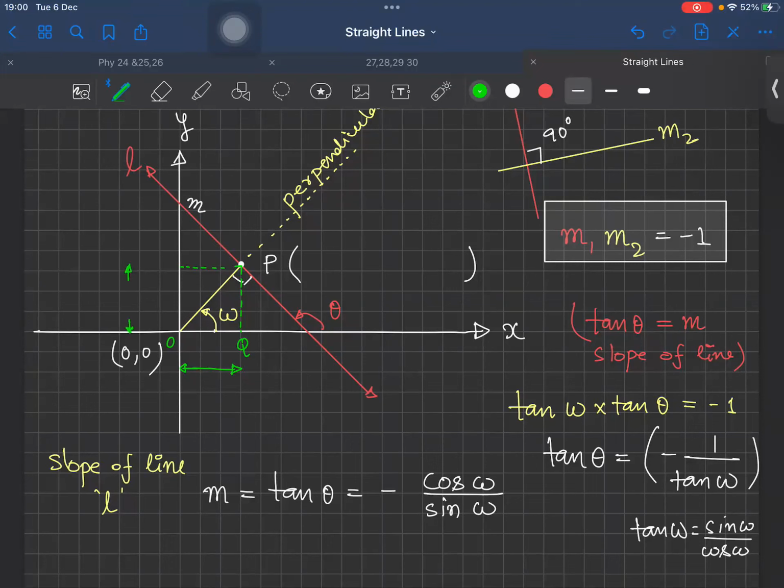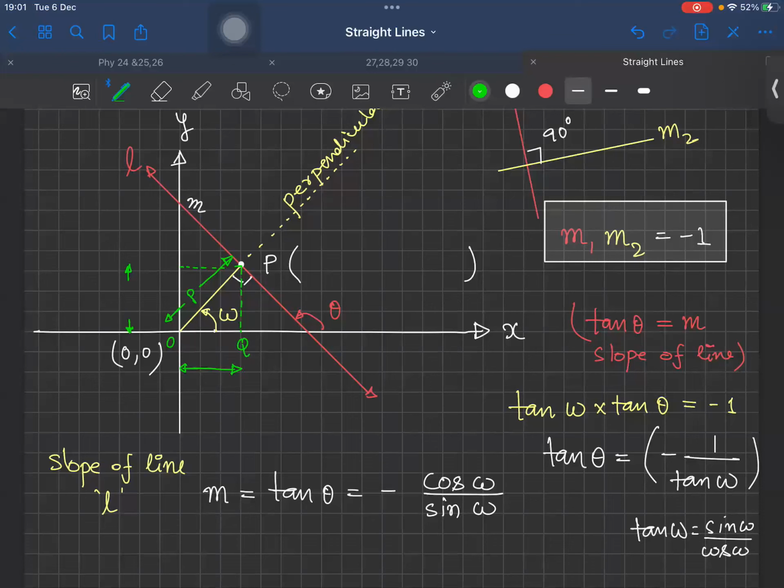Tell me. Anyone, please tell me. See, this length, sorry, this length from here to here is P. If this perpendicular length is P, one length is given, one angle is given. Can you not find the other two sides?